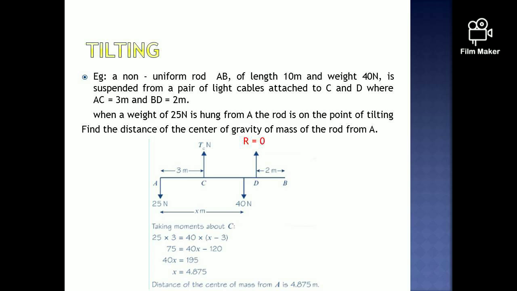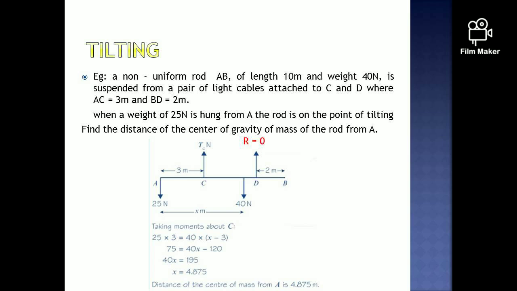When a weight of 25 newtons is hung from A, the rod is on the point of tilting, and find the distance of the center of gravity of the rod from A. If you increase the weight at A, the tilting would happen about point C. Because here they haven't given us the point of tilting, we need to understand that the first possible tilting is around point C. That means the reaction at D becomes 0.